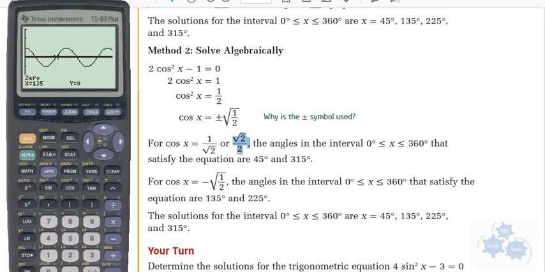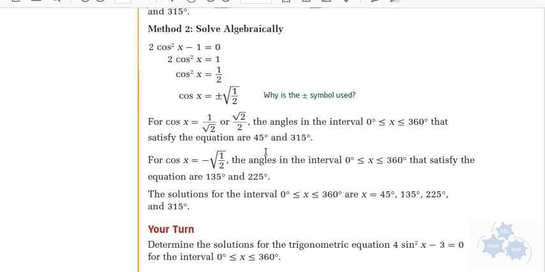Now, why does 135 not count? So algebraically, we found here that we're looking for a negative. But why does this graph show us 135 as a root? Because it looks like there's 1, 2, 3, 4 roots, right? And is that true? Well, we've got 45 and 315. That's for positive.